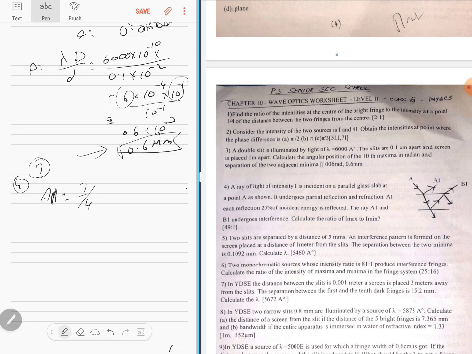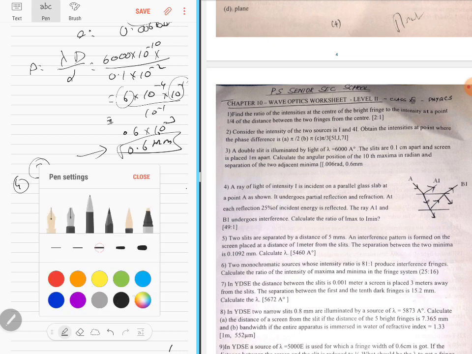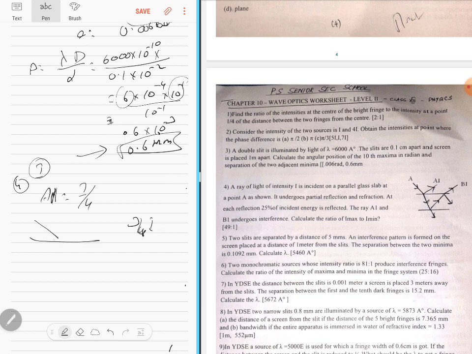Let's look at what's happening to B1. 75% is now getting refracted, which is 3 by 4 of I, so let me draw this. The first ray which is coming in gives A1, which will be I by 4, which is 25%.